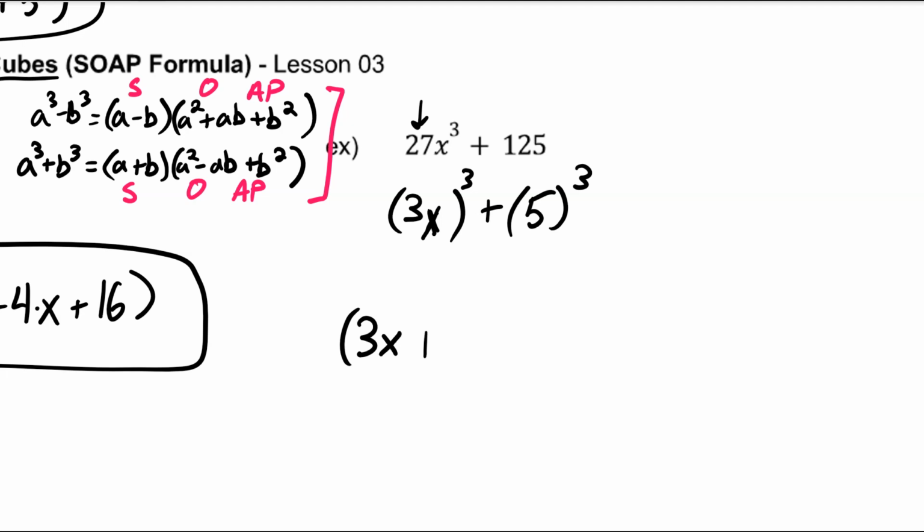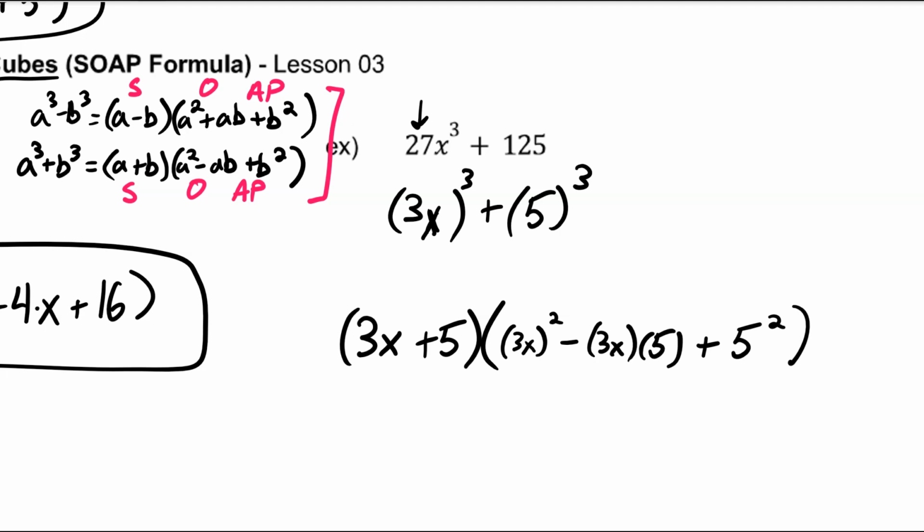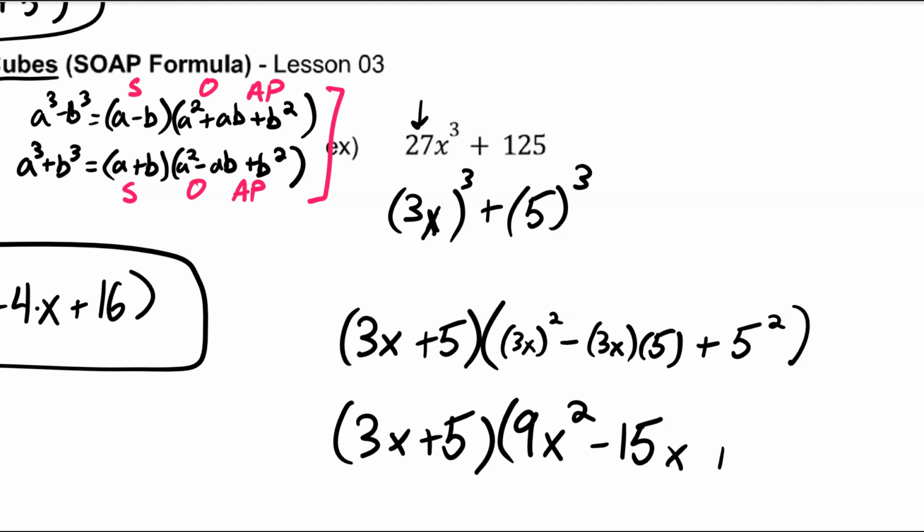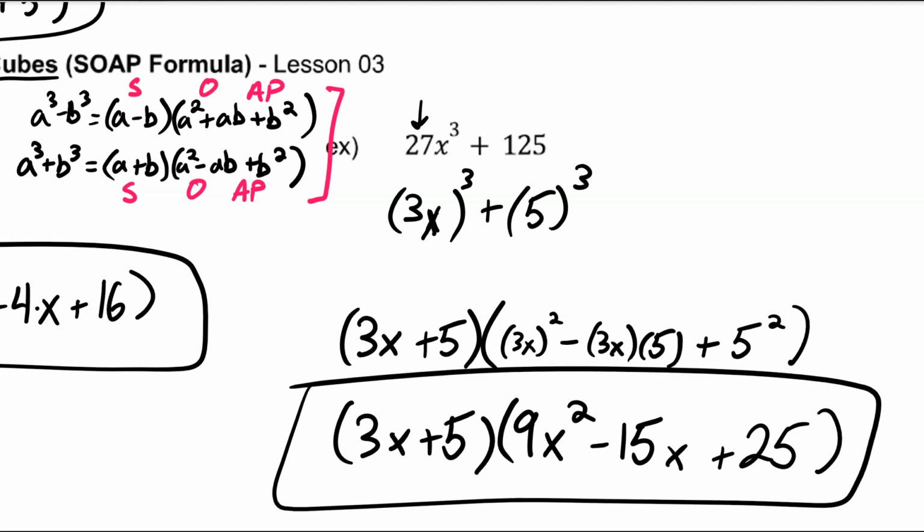The first thing plus the second thing, times the first thing squared minus the first thing times the second thing plus the second thing squared. But if I simplify this a little bit, when I square 3x, 3 times 3 is 9, and x times x is x squared. 3 times 5 is 15, so I could just make that 15x, and plus 25. So that would be what my final simplified answer looks like for factoring a sum of cubes.